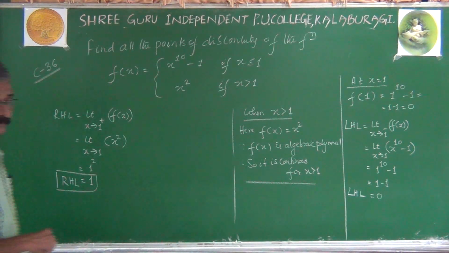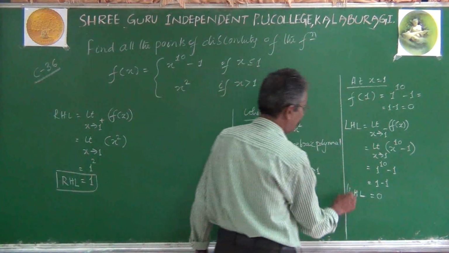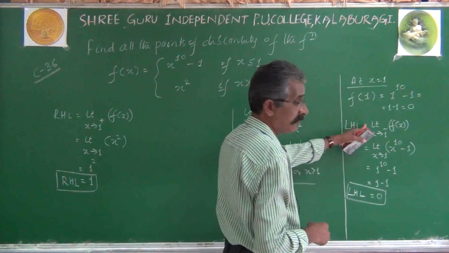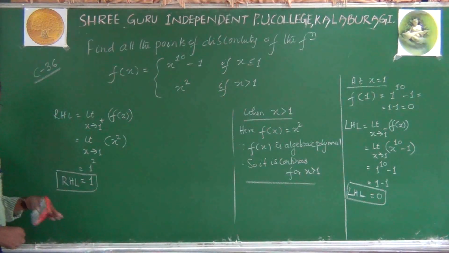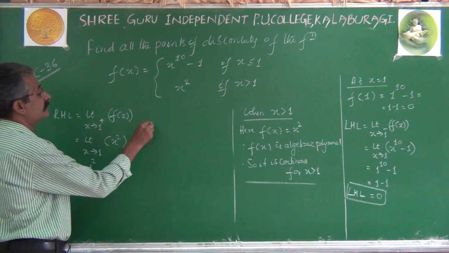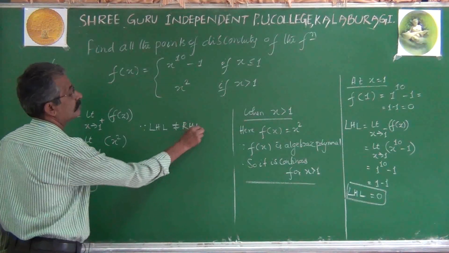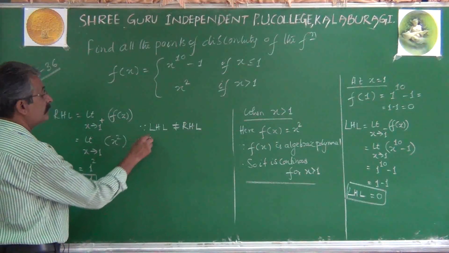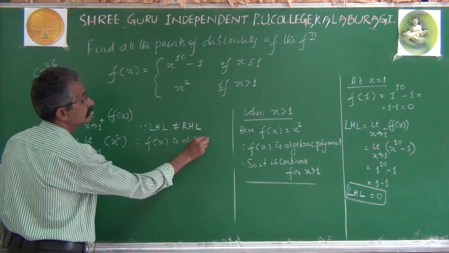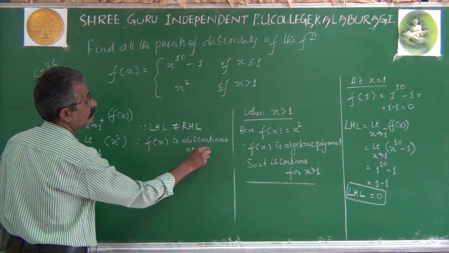Very clearly, the left hand limit is not equal to the right hand limit. As LHL is not equal to RHL, though LHL equals f of 1 but is not equal to RHL, hence the function is discontinuous at x equal to 1. Since the left hand limit is not equal to the right hand limit, therefore f of x is discontinuous at x equal to 1.